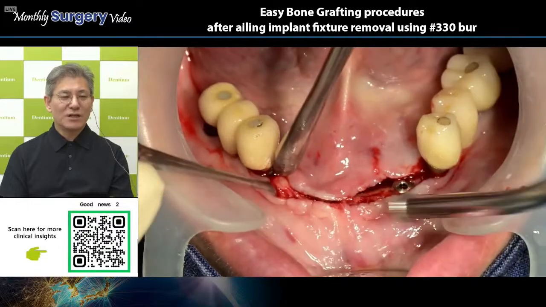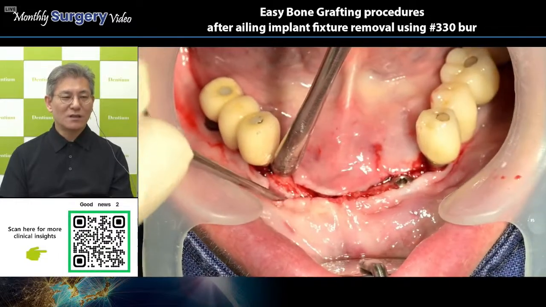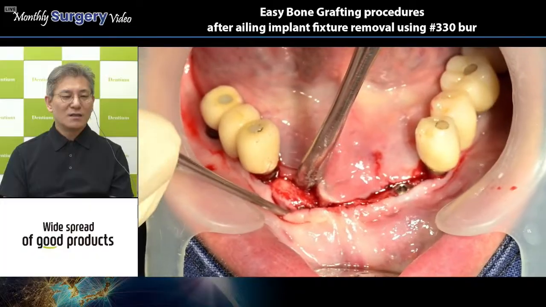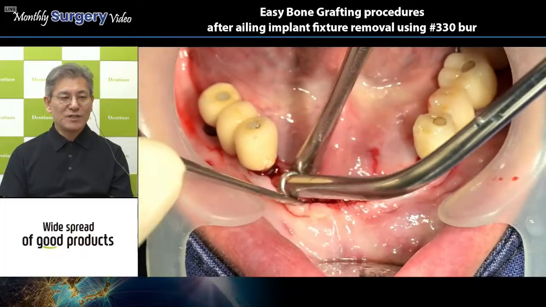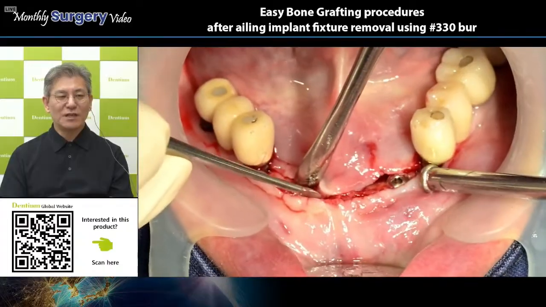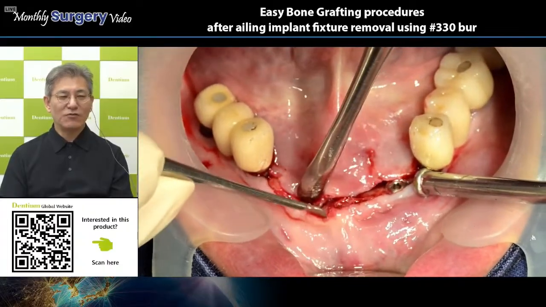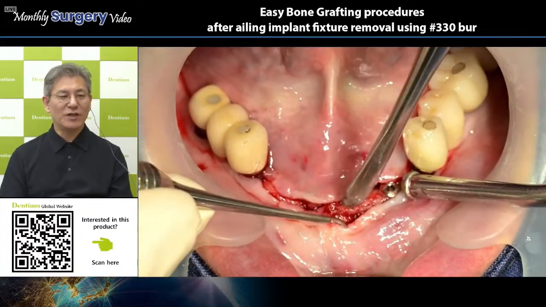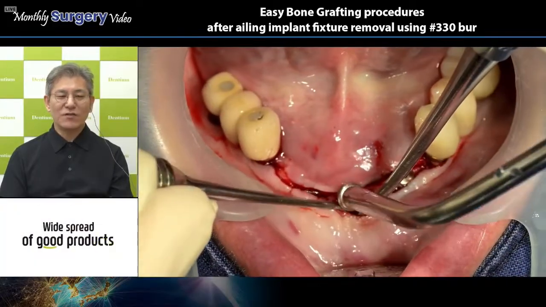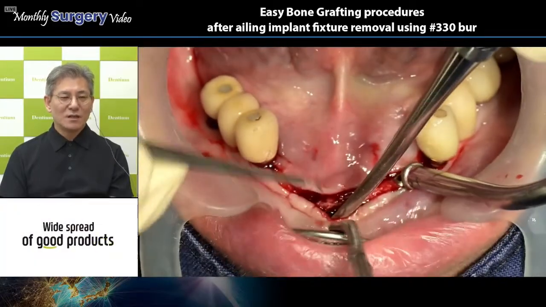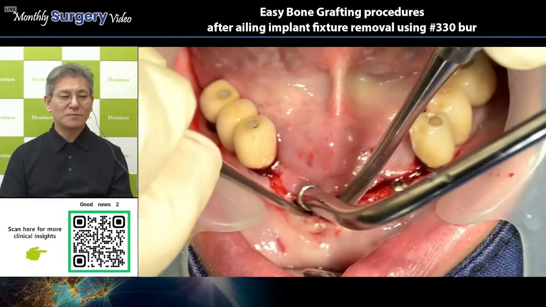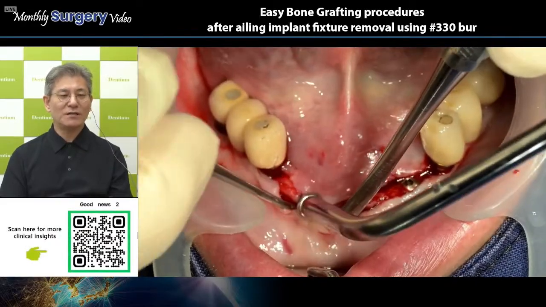I don't know exactly the reason, but due to some reason the implant failed and was already removed in the number 43, maybe 42 area, and just the number 33 implant fixture remained, still there.